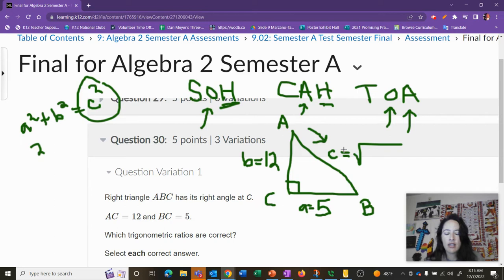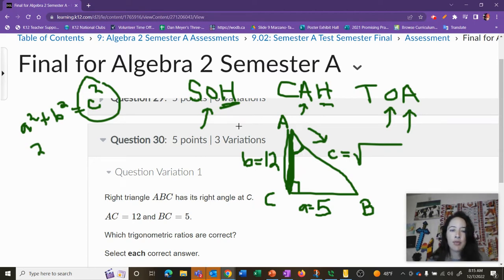Adjacent means if I'm looking for an adjacent side to angle A, here's angle A. It's the side that makes up the V of the angle, right? If one side's the hypotenuse, that's not the adjacent. The hypotenuse will always be H. So then the other side is the adjacent. Then the opposite side, if this is my angle, that's the opposite side.